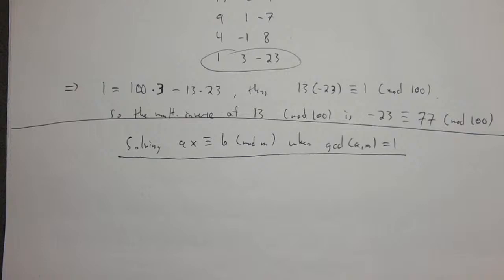That congruence is set up in such a way that your new A over D, or A over 5 in this case, is going to have GCD 1 with the new modulus, which is M over 5, or M over D. Okay, so that new congruence is one where the relevant GCD is 1.